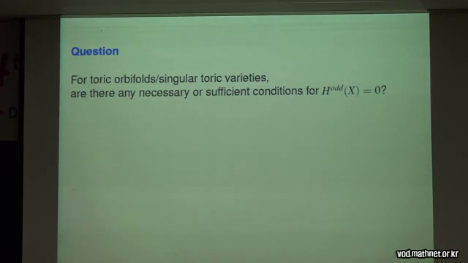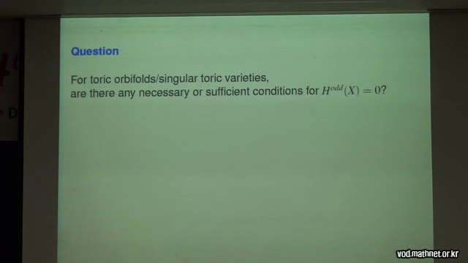In this business, it's very natural to ask whether for a toric orbifold or singular toric variety there is any necessary or sufficient condition for odd degree cohomology vanishing. Right? Because we have examples which have vanishing odd degree cohomology and which do not.